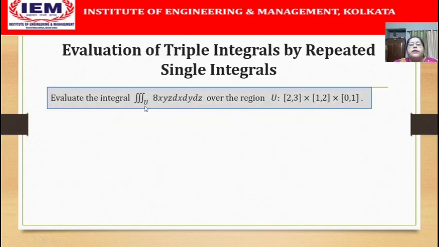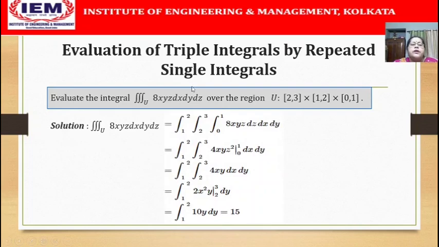Evaluate the integral of 8xyz dx dy dz over the region U = [2,3] cross [1,2] cross [0,1]. So let's see how to do it. So the triple integral of 8xyz dx dy dz over U can be written like this.